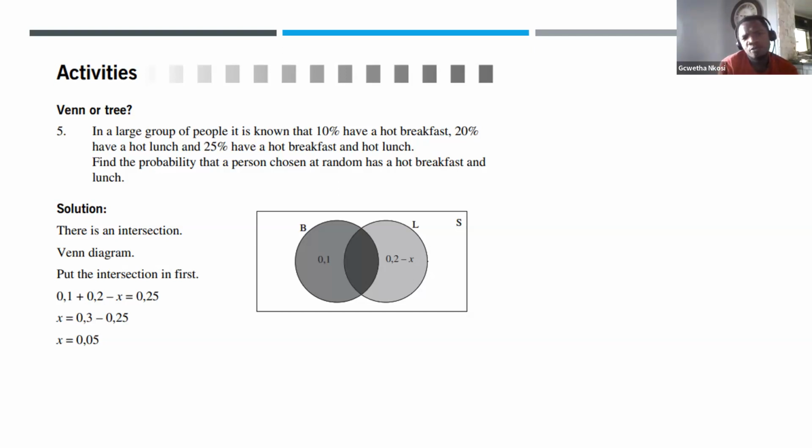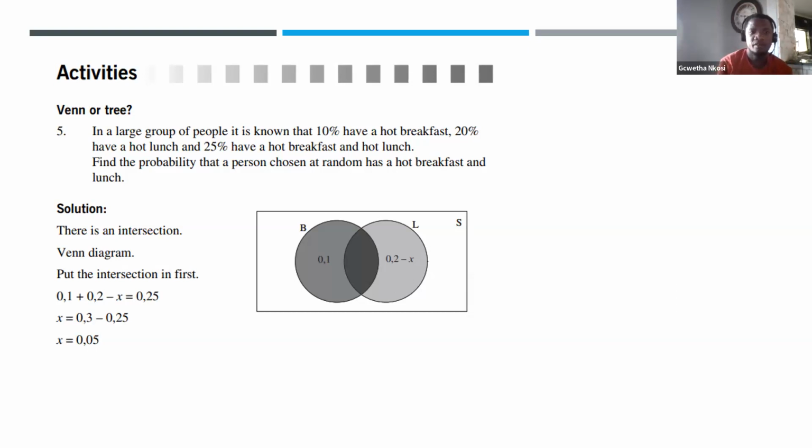In a large group of people, it is known that 10% have a hot breakfast. 20% have a hot lunch, and 25% have a hot breakfast and a hot lunch.